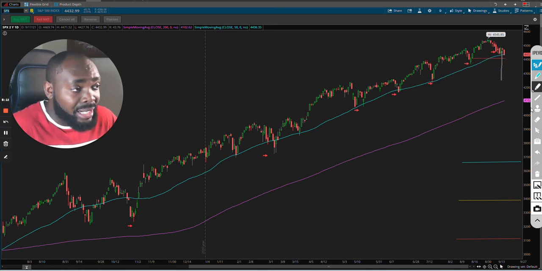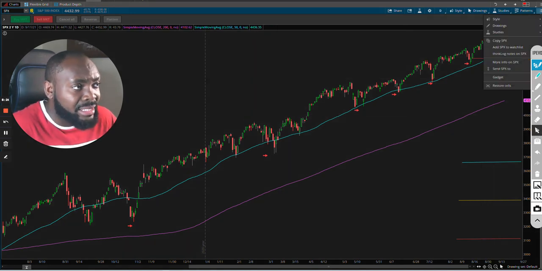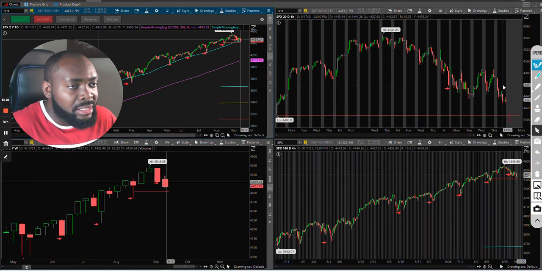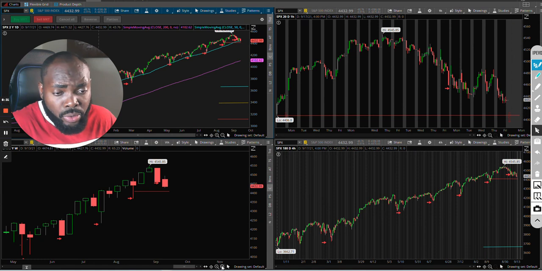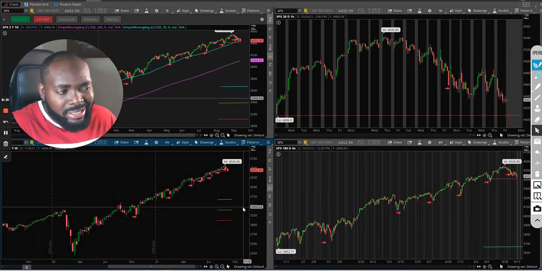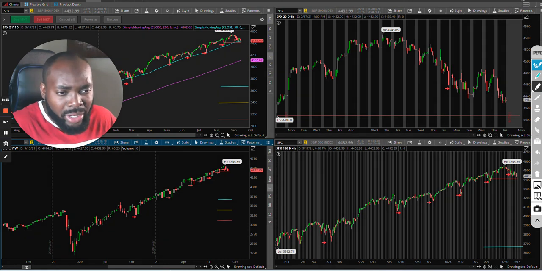Now it starts to get a little bit more complicated for the S&P 500 in terms of determining where exactly this thing is going to go to the downside. So, in the short term, I do have some levels that I'm watching. On the weekly side, I'm watching this weekly low right here, so closer to the 4,300 levels.